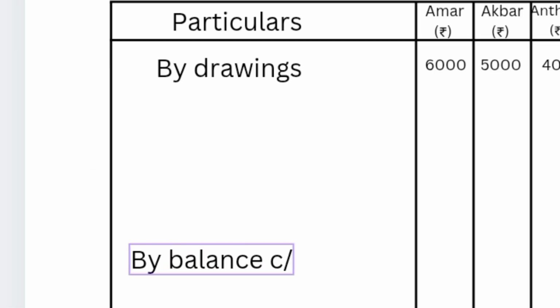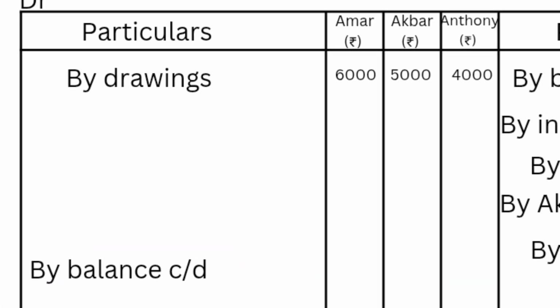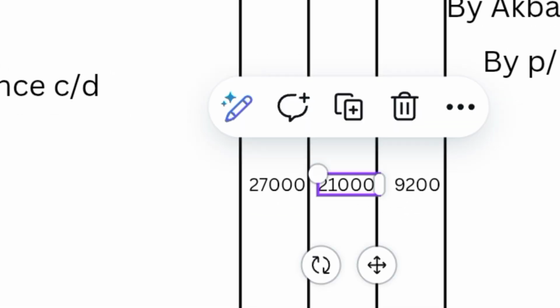If we subtract 6,000 from 27,000, we get 21,000. And if we subtract 5,000 from 21,000, we get 16,000.